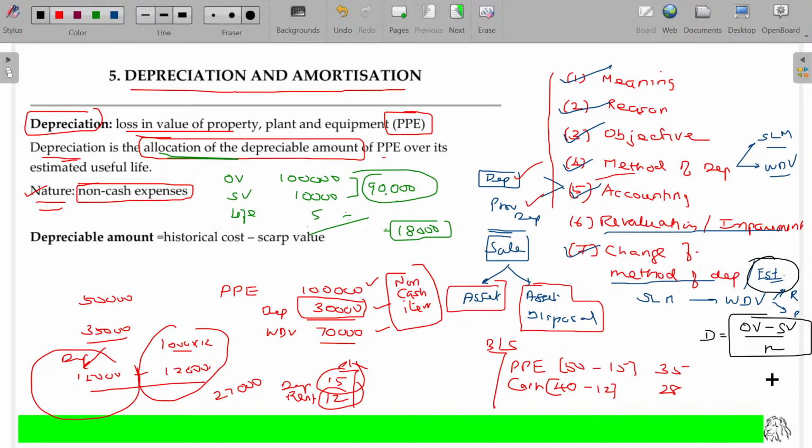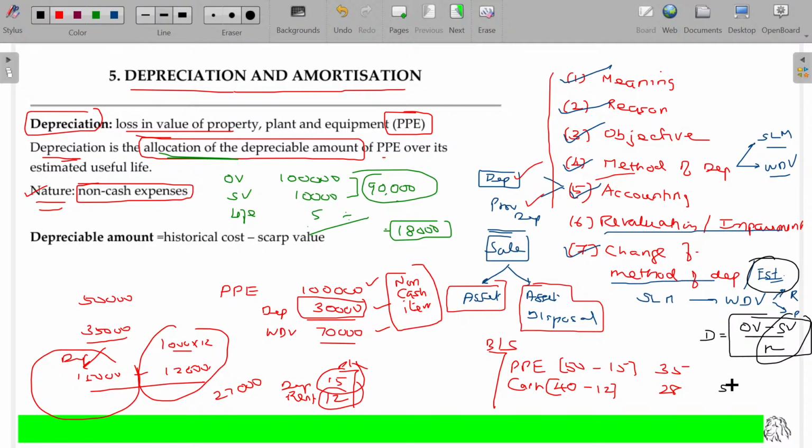The life may be getting affected due to usage. If you are using sparingly and maintaining everything perfect manner, then definitely life may be extended. Yes, the life may be decreased than the estimation. Scrap value also gets affected. So periodically we'll go for reviewing, reassessing whether these values are correct or not. Based on that, the depreciation year on year will be changed.